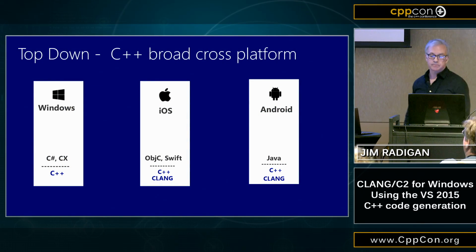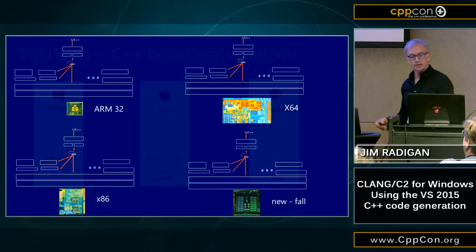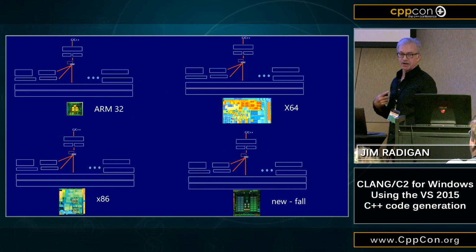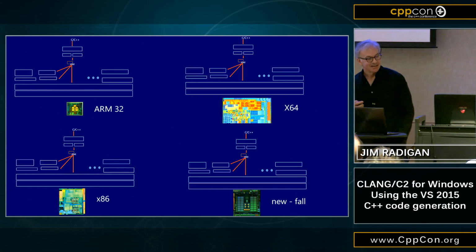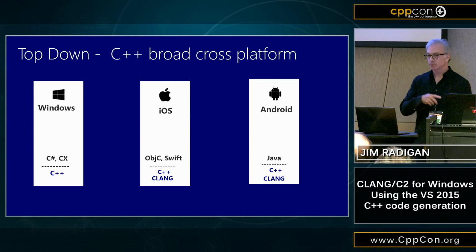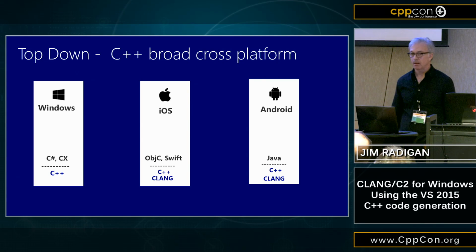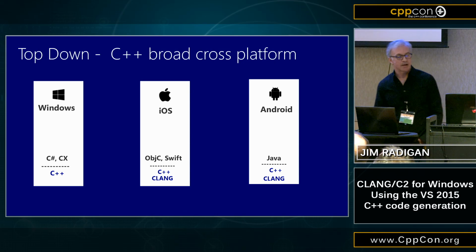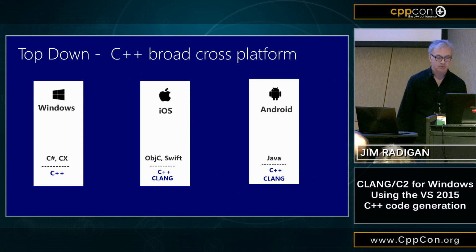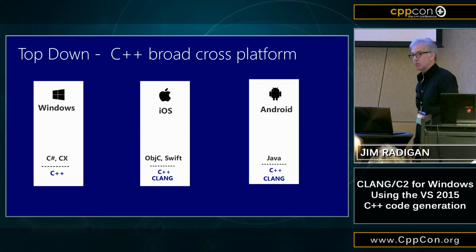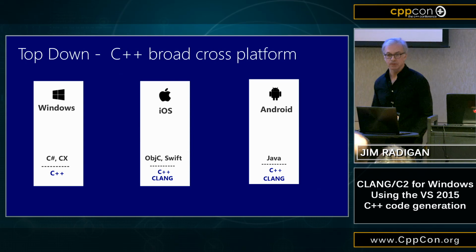So top down, what I talked about here is a bottom-up view of cross-platform that we kind of see all the time and we're terrified by, frankly. There's another kind of cross-platform, which is top-down, and that's across platforms, actually across operating systems. So as you can see, the Clang front end is used on iOS and Android, and on Windows, we use what we call C1XX, and it's been around for a really, really long time.